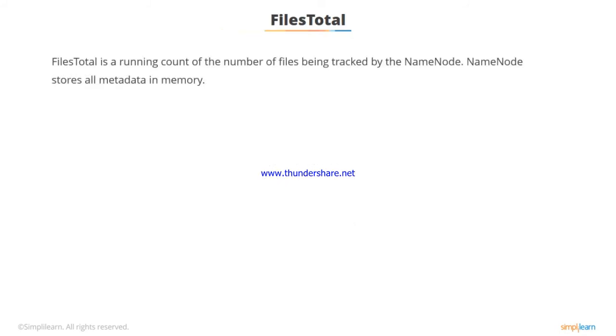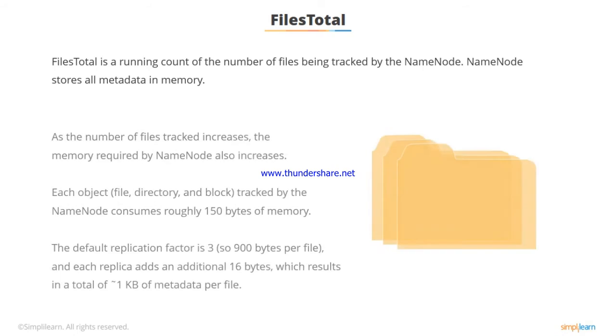Files total is a running count of the number of files being tracked by the NameNode. NameNode stores all metadata in memory. As the number of files, blocks, or directories tracked increases, the memory required by the NameNode also increases. The rule of thumb for NameNode memory requirements is that each object, file, directory, and block tracked by the NameNode consumes roughly 150 bytes of memory. If each file is mapped to one block, though files often span multiple blocks, that is approximately 300 bytes per file.